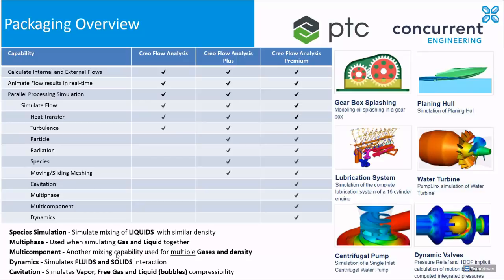The Plus version adds particle, radiation, and species analyses, and allows for moving or sliding meshing. We also offer a premium package for the high-end analyst, which provides the ability to simulate cavitation, as well as bringing multi-phase, multi-component, and dynamic simulations into play.